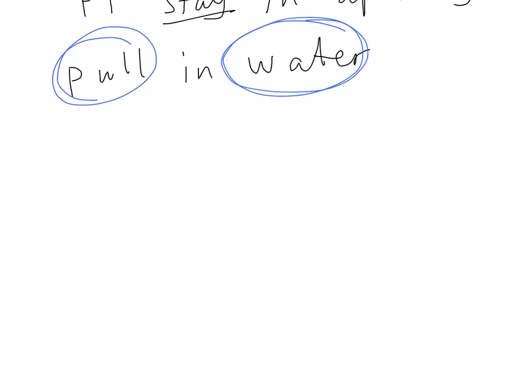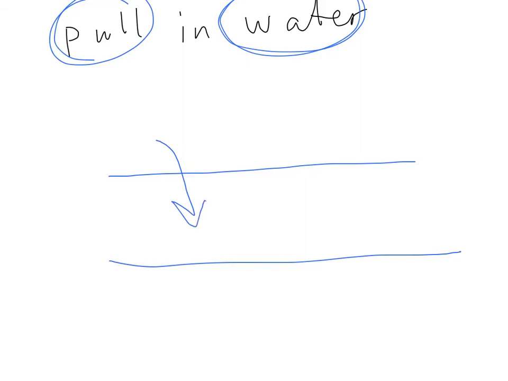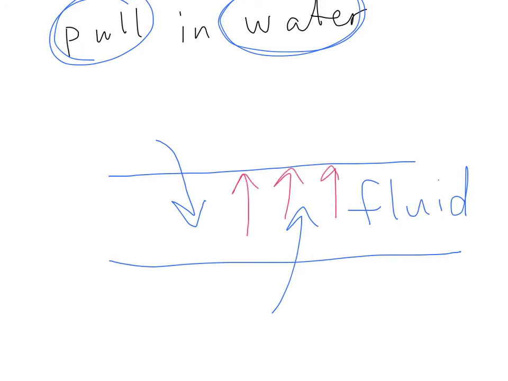So if you have a tube or a capillary and you're pulling in a lot more fluid or a lot more water, that means overall you have more pressure on the inside of the capillary.